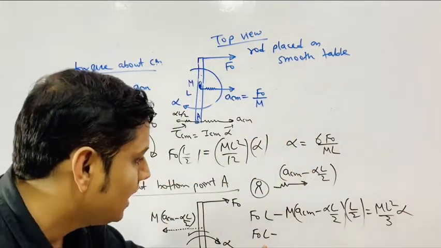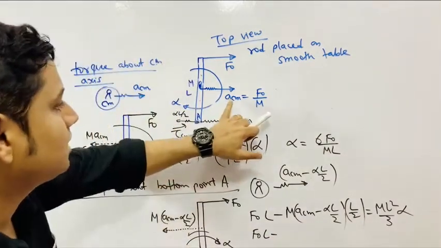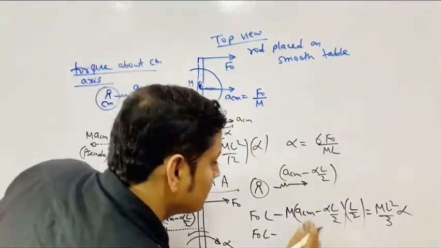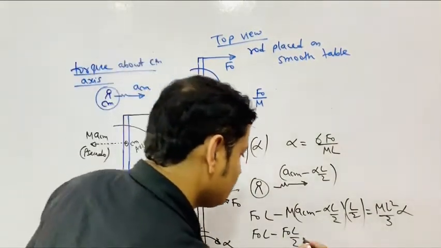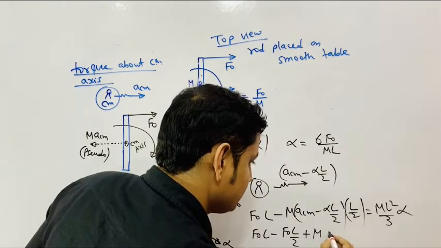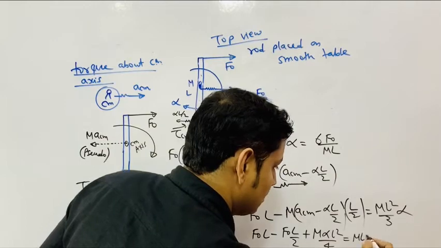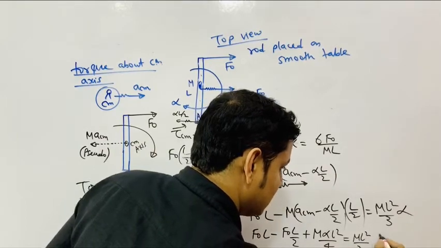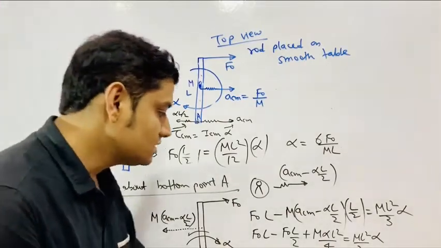Let us see. F naught into L minus M ACM means what? What is the meaning of M ACM? F naught into L by 2 plus M alpha L square by 4 is equal to ml square by 3 alpha. Check it.